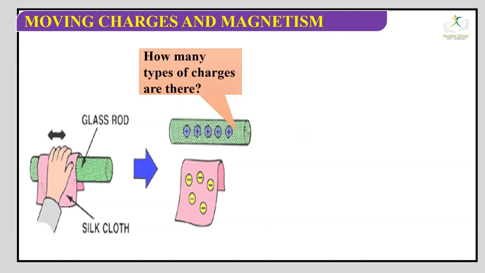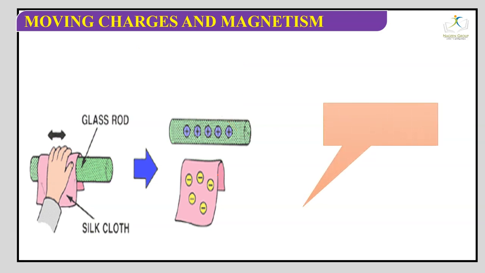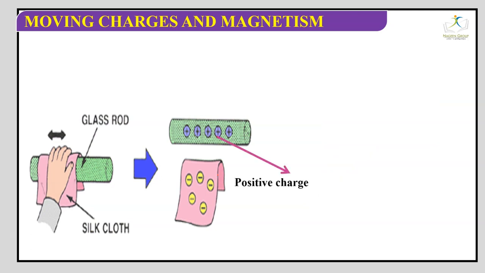How many types of charges are there? From basic knowledge, we can easily say that we have two types of charges. First one positive, second one negative.